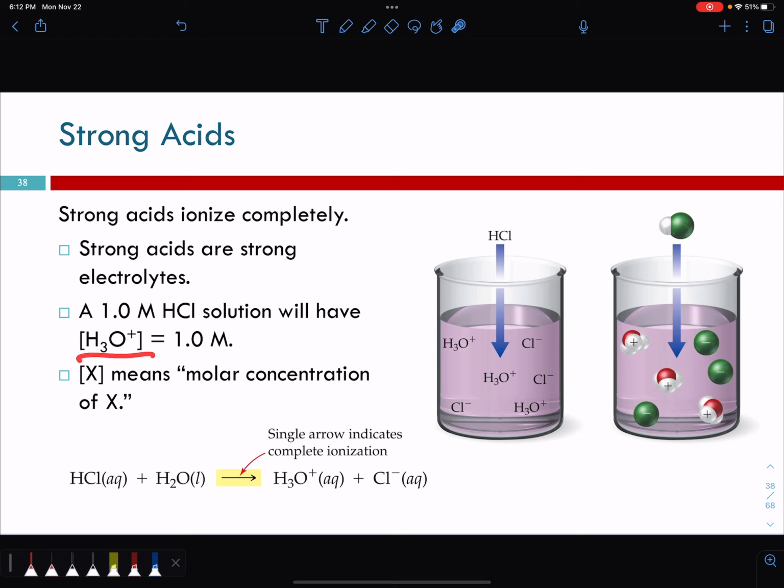Concentration can also be represented by these brackets, our molar concentration of X, or here of hydronium. So if we have a 1 molar HCl solution, it's really 1 molar hydronium.